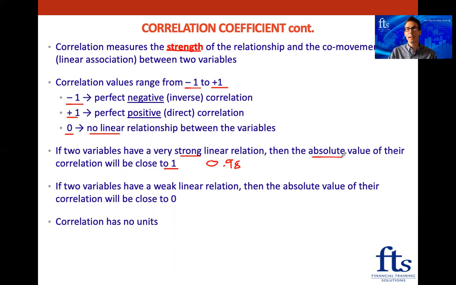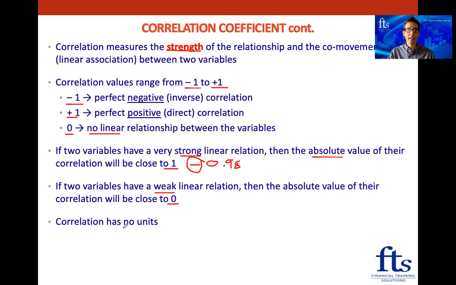It means if there's a negative number, just ignore it. So if it's negative, we ignore the minus sign. So now we're close to 1. But the only thing we need to remember, what does the minus sign mean? All it means is that we've got a negative correlation, not positive. Right. And then if the two variables have a weak linear relation, then the value of their correlation is going to be close to 0, like we know.